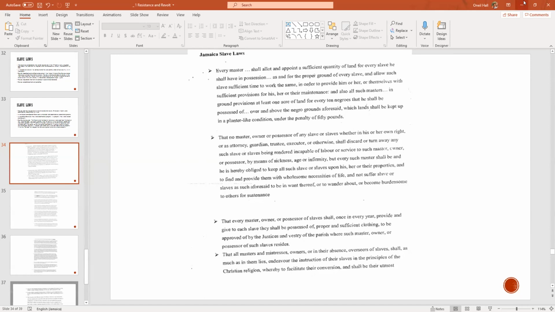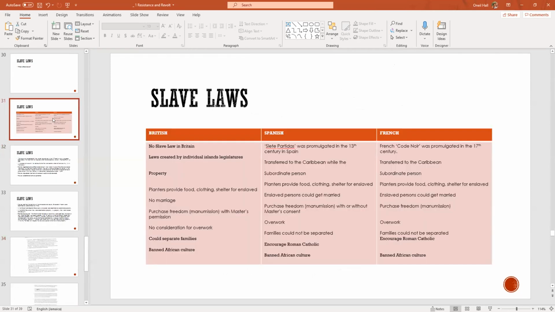Were they also encouraged? So we know for sure that the slave law said in Spanish territories that they must be encouraged to convert to Christianity. In fact, same thing for Roman Catholicism, same thing for French, but also it was the same for the British, correct?